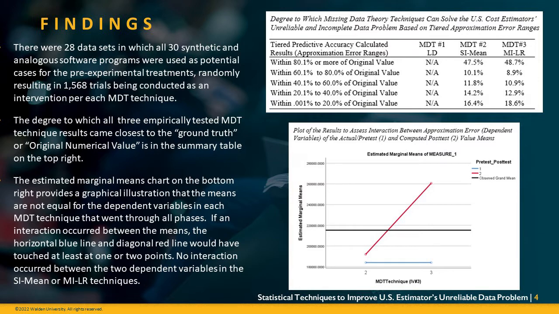If the means are not equal for the dependent variable and each of the independent variables, in this case the missing data theory techniques, you can determine there's an interaction occurring, and that would be noted if the lines actually cross between the red and the blue. So, next slide there.